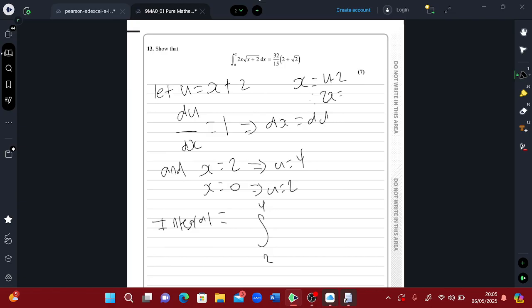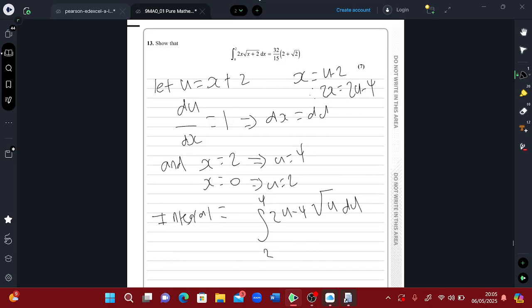Therefore, 2x is going to be 2u minus 4. So that's going to be the integral of 2u minus 4 times root x plus 2, which is root u, du. Because the dx is simply du, we don't need to do anything there.